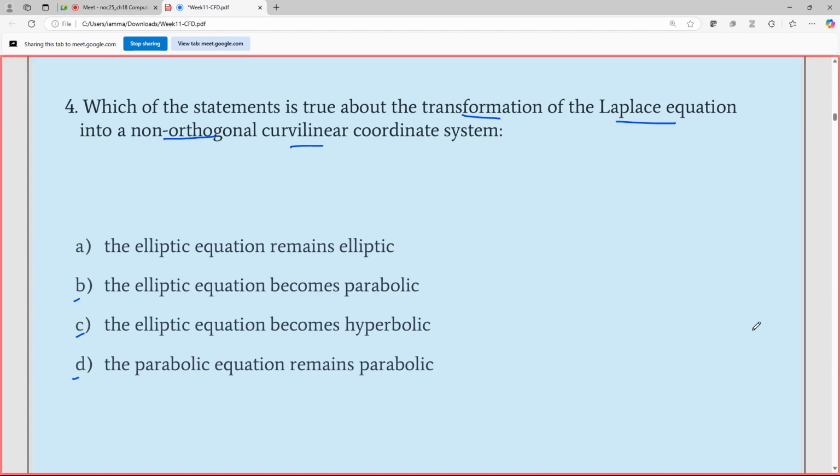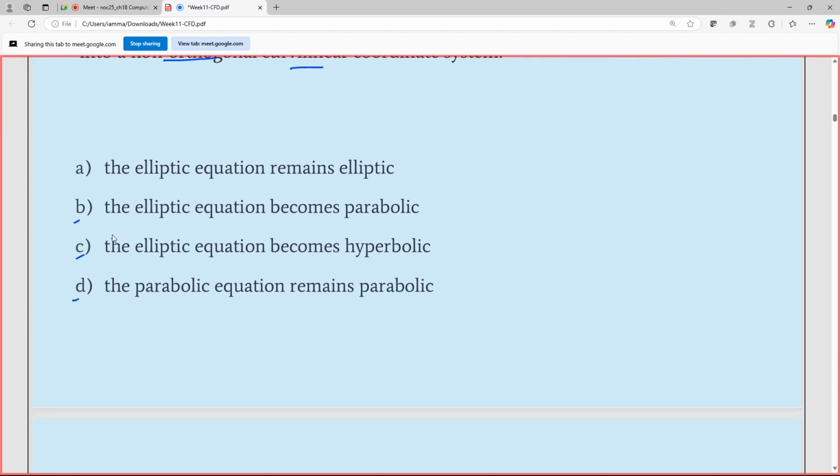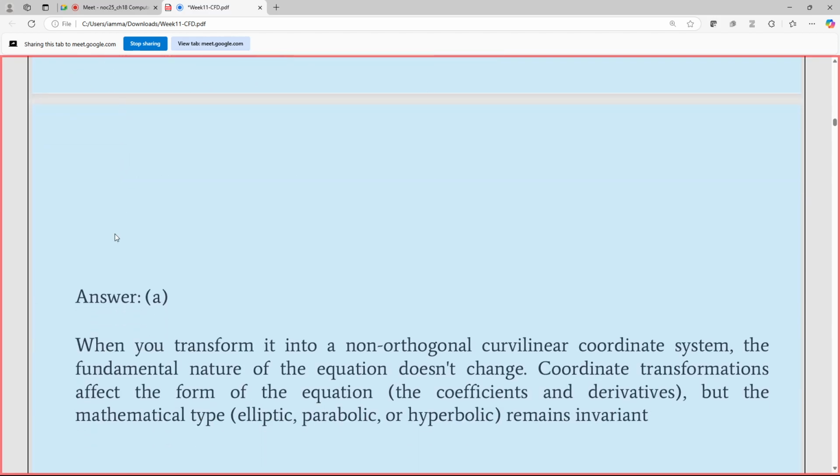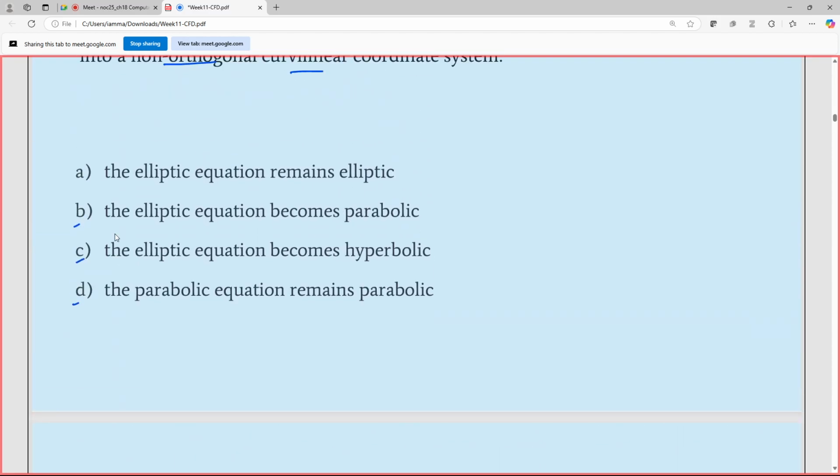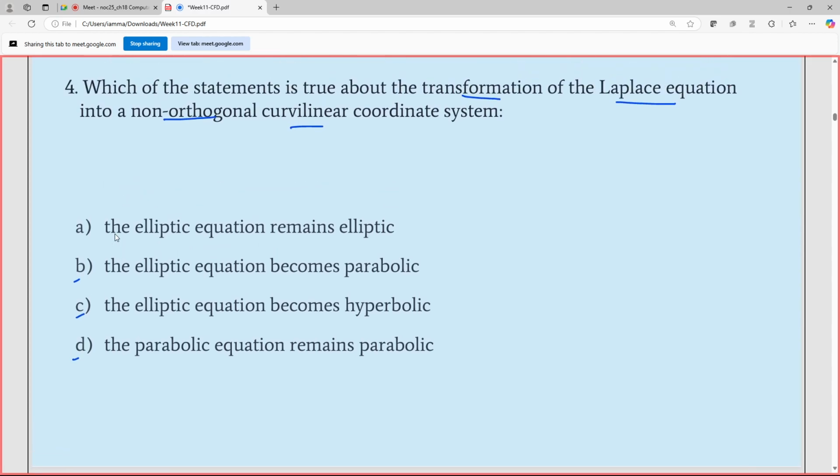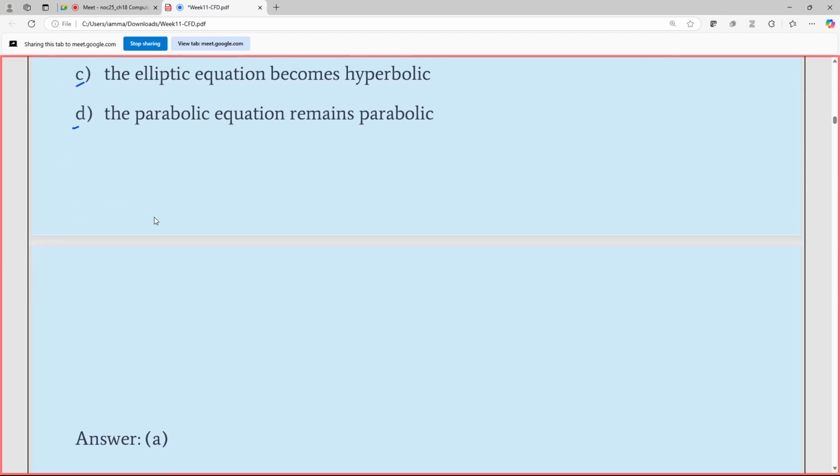Okay. Our answer is option A. That is, elliptic equation remains elliptic. We know that Laplace equation is an elliptic equation, and the transformation of coordinate system won't affect the basic equation type. So the elliptic equation will remain elliptic.